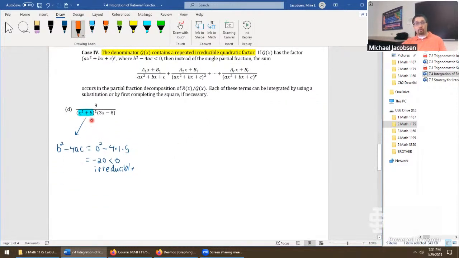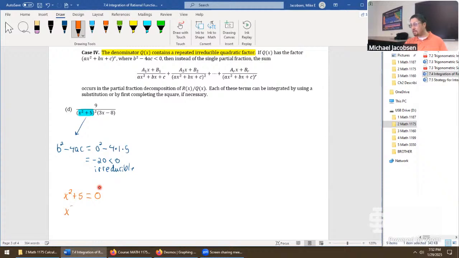Discriminant is always a great way. It always works. But in this case, you can determine irreducible by taking x squared plus 5 and setting it to 0. So irreducible means we can't factor it, but it also means you can't set that equal to 0 and solve either. Factoring and solving this equation are strongly related. What would happen if you try to solve this?